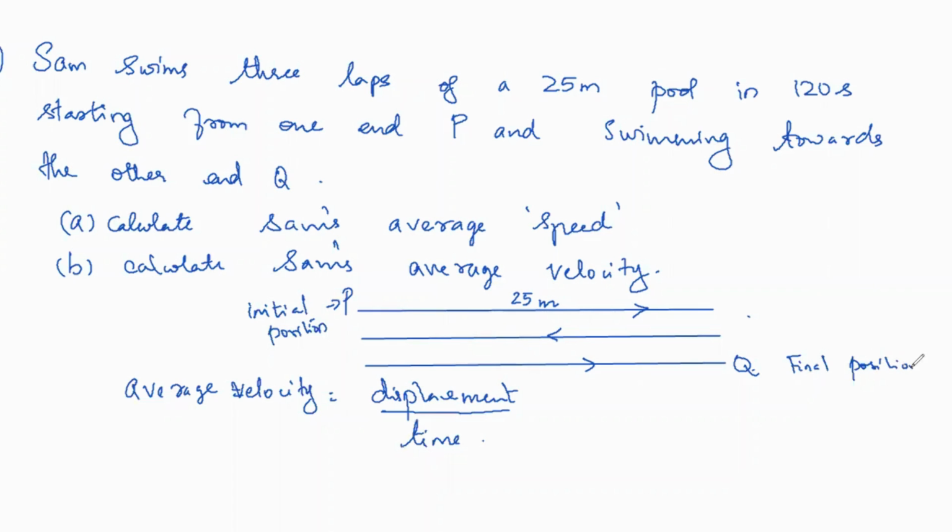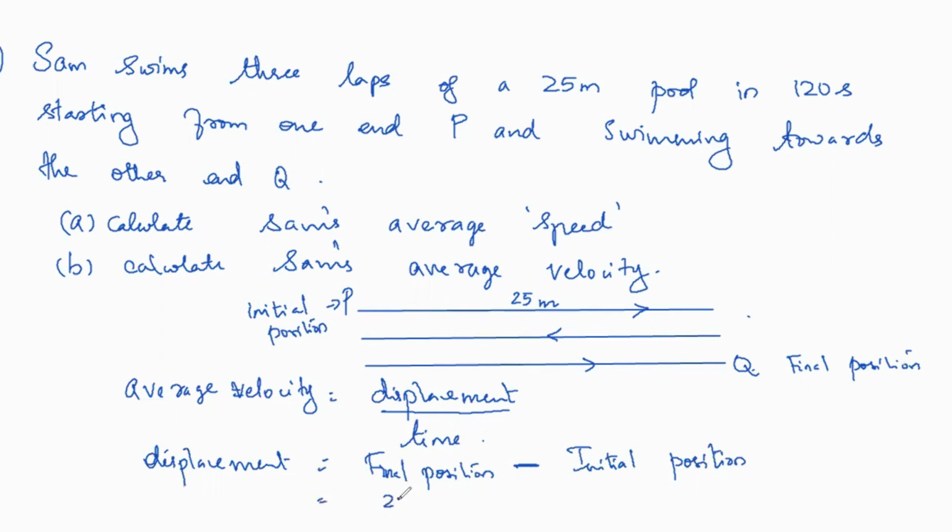So the displacement is obtained by change in position, that is final position minus initial position. He is only 25 meters away from the initial position.